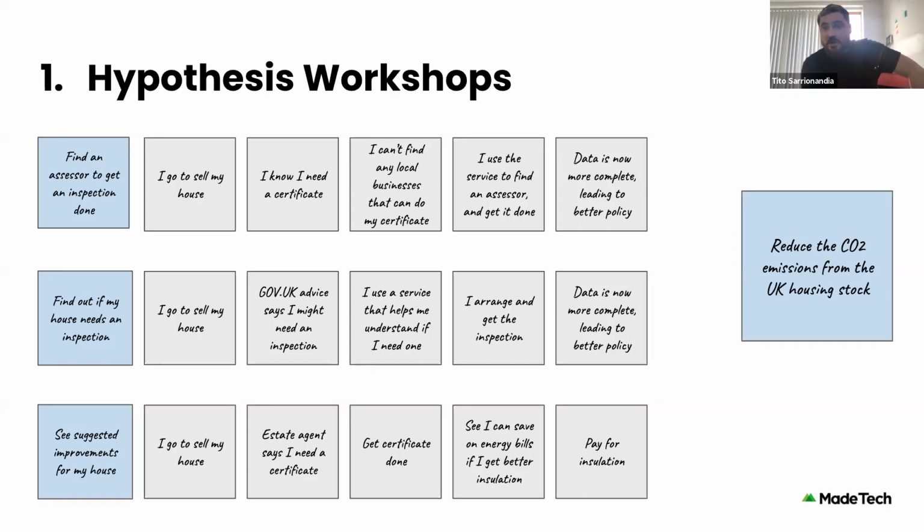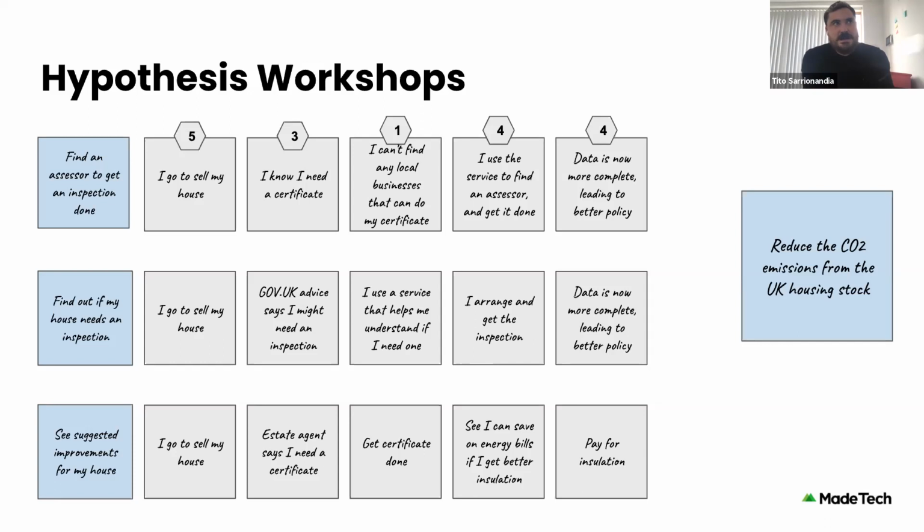There's a whole bunch of things it currently supports, and we're going to walk through a couple of them. Broadly, you can use it to find somebody to come to your house to do one of these assessments. You can use it to see what assessments you've already got on your house or commercial property. It does quite a lot of stuff, and we were skeptical about the value of some of it. So we used this to validate it.